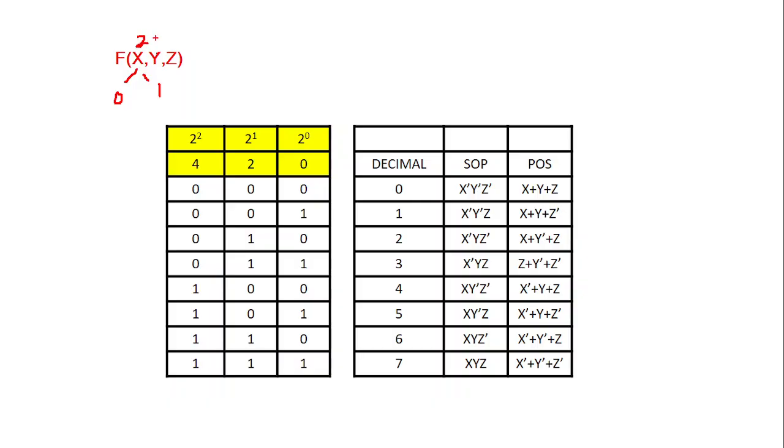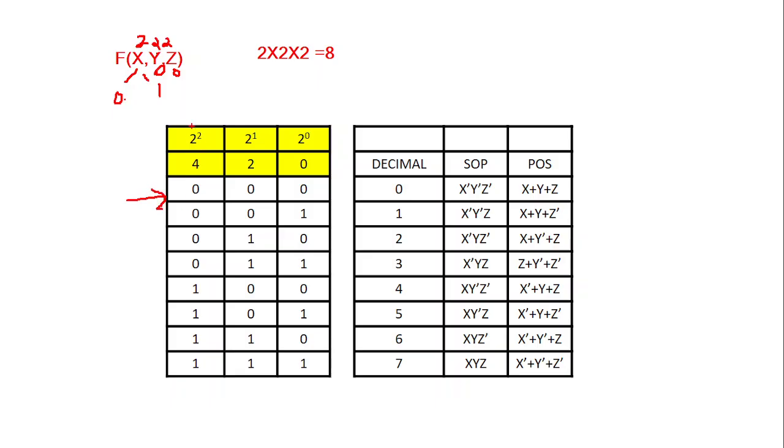Y can be either 0 or 1. Z can be either 0 or 1. So how many possibilities are there? 2 into 2 into 2, that is 8 possibilities. Which are the 8 possibilities? X is 0, Y is 0, Z is 0. So you write it.